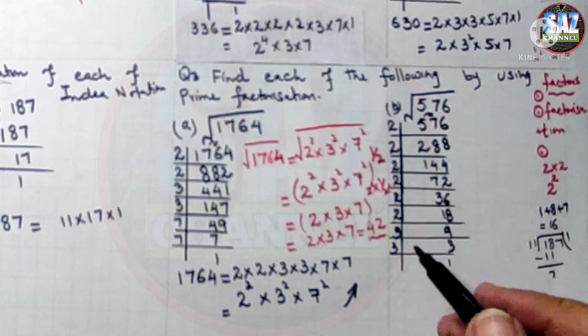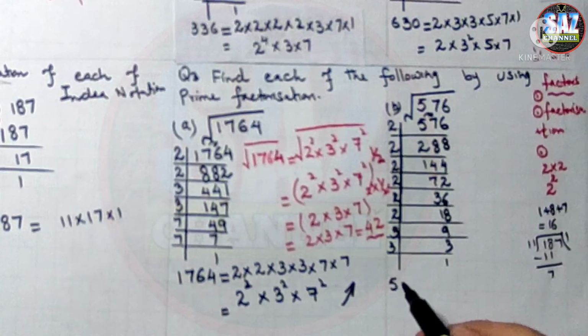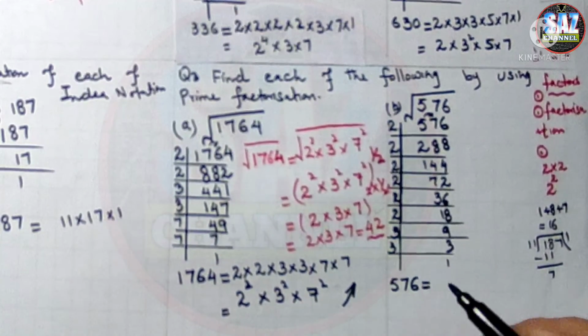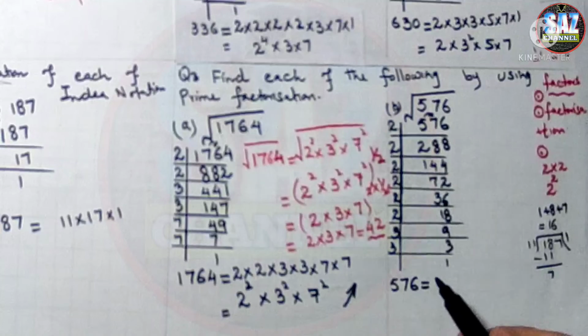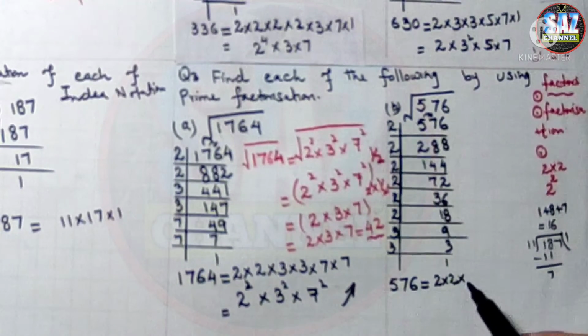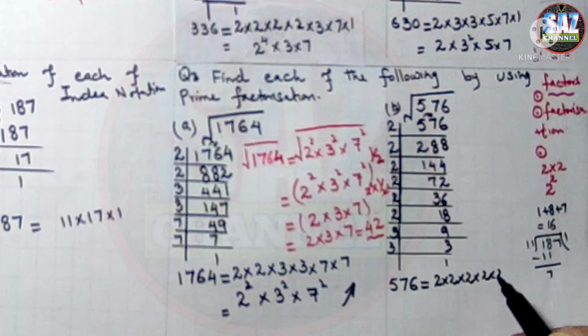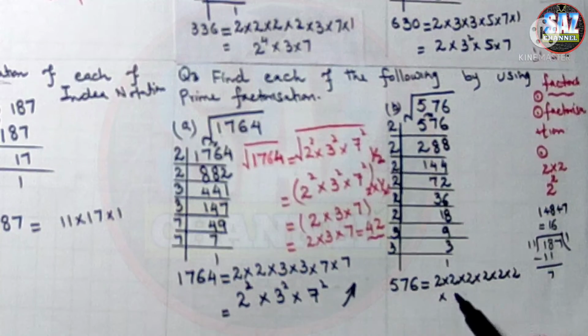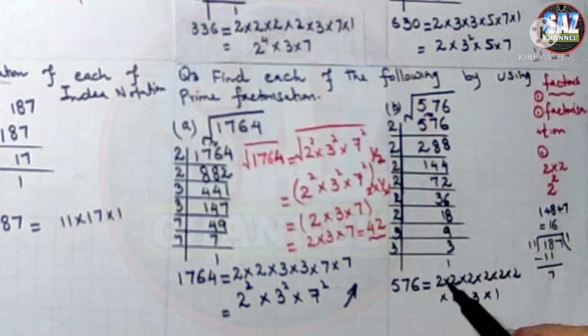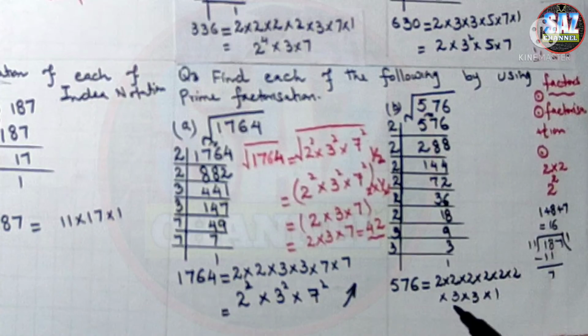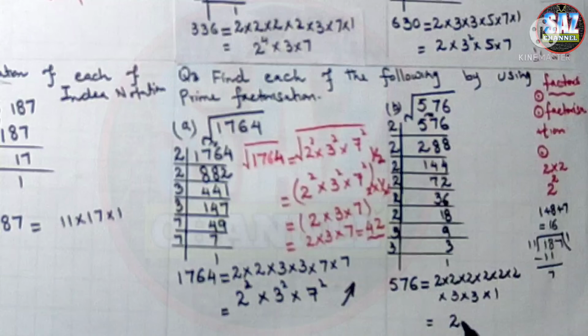Now first we have to write 576 as the product of its factors: 2 multiplied six times, multiplied by 3 multiplied by 3. So we can write it as 2 raised to the power of 6 multiplied by 3 square.